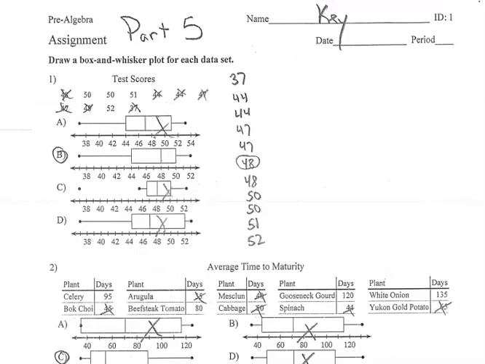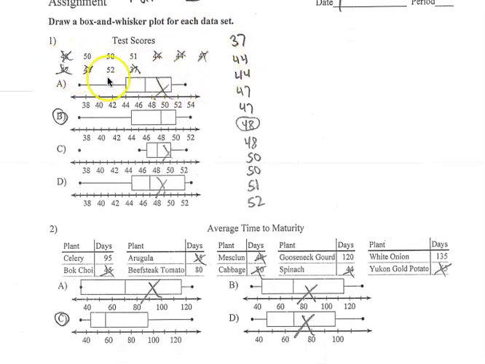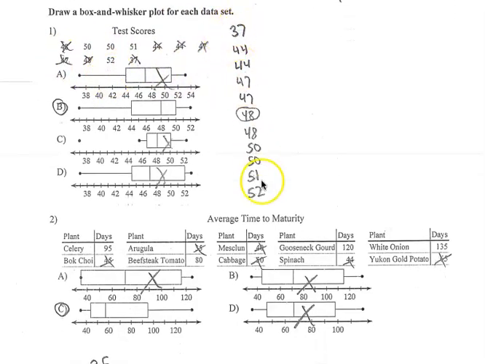Now, the last part of the activity, you just had to go through and answer these questions. They're all multiple choice. I'm just going to briefly give you the answers and tell you how you come up with that answer. So, draw a box and whisker plot for each set of data. What I did for each of these is I set up the scores in order.